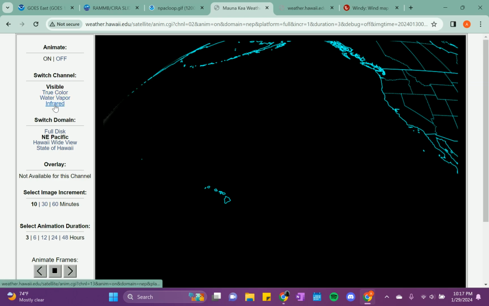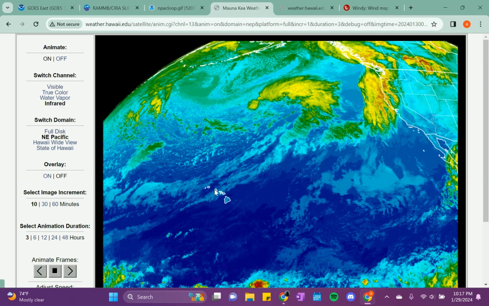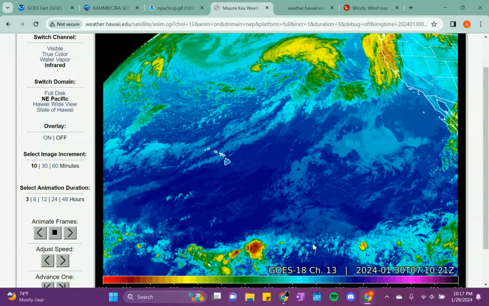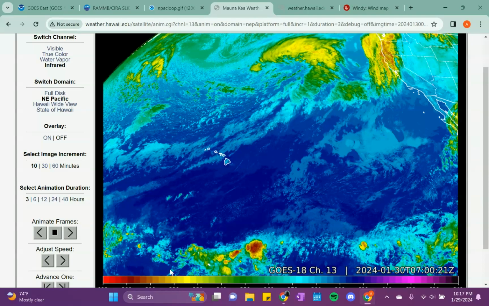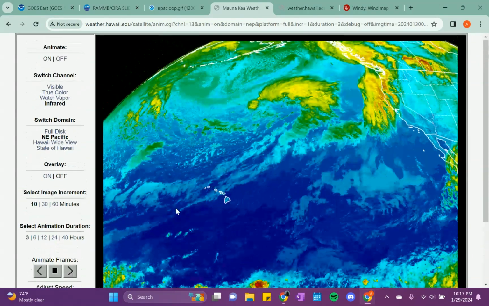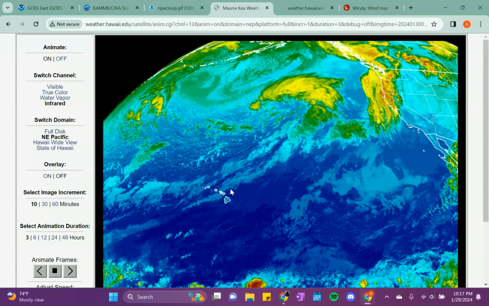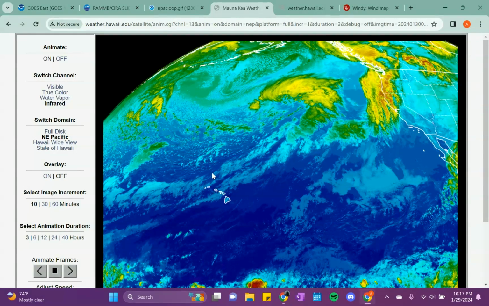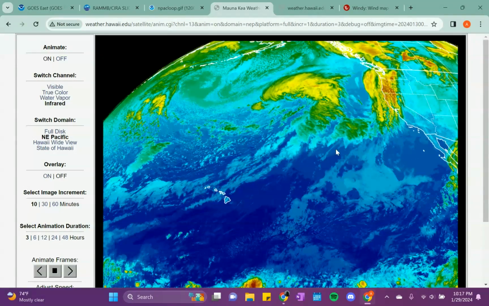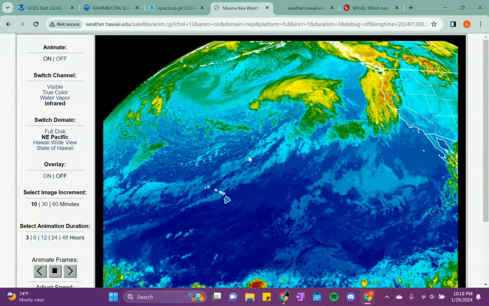Looking at the infrared, we see channel 13, which is the clean infrared channel, and it operates at 10.3 microns. And here what's really nice is that it allows us to see clouds pretty much at night, unlike the visible channel.